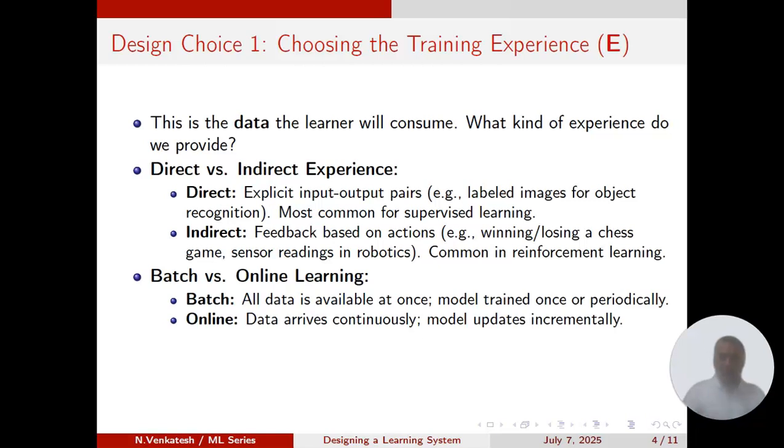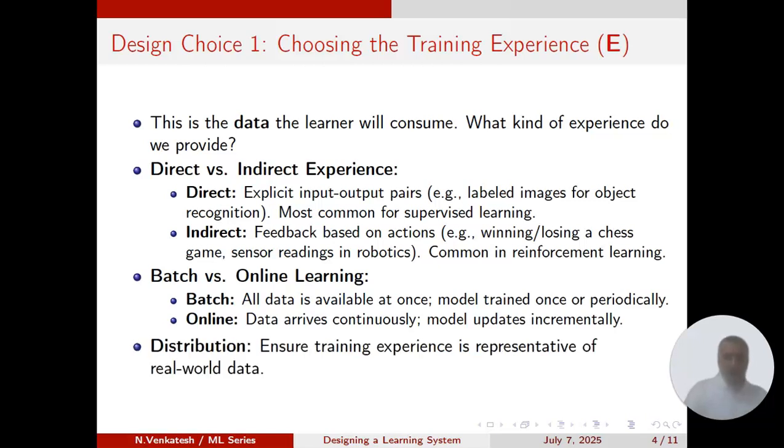An example, like if you take a response of a ChatGPT, after that response, you have an option of like or a dislike. Based on your response, it will learn. So that is the online learning.